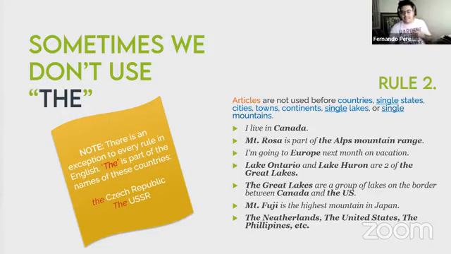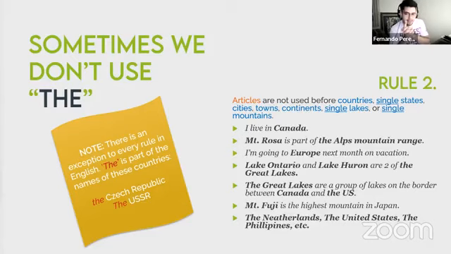I think it's very easy to understand the cities, the towns, the continents, but what is, for example, a single state or a single lake? Do you know what we are talking about? For example, Chapala Lake. Chapala Lake is a single lake, only one.